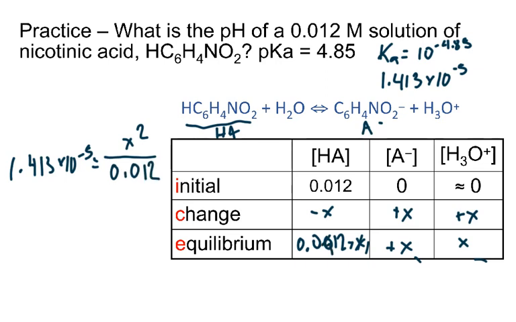Sorry, I put an extra 0 in there. And so I can solve for my x. So I get an x value of 4.117 times 10 to the minus 4, which means my pH is 3.39.